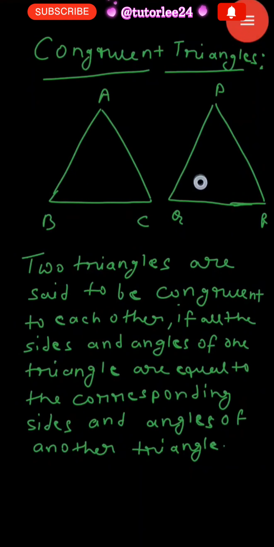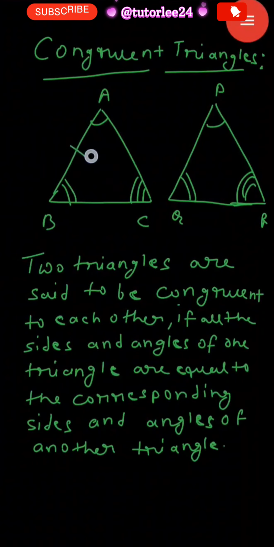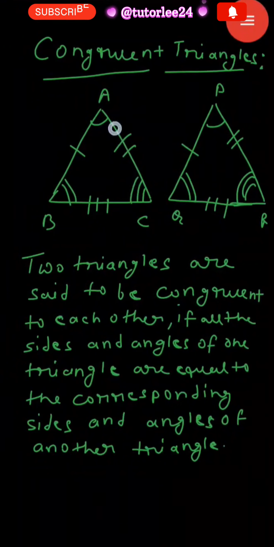Suppose angle A is equal to angle P, angle B is equal to angle Q, and angle C is equal to angle R, then they are said to be congruent. Sides must also be equal. So this side equals this side, and this side equals this side. So this is a congruent triangle. And according to the angles we will decide which is the corresponding side.